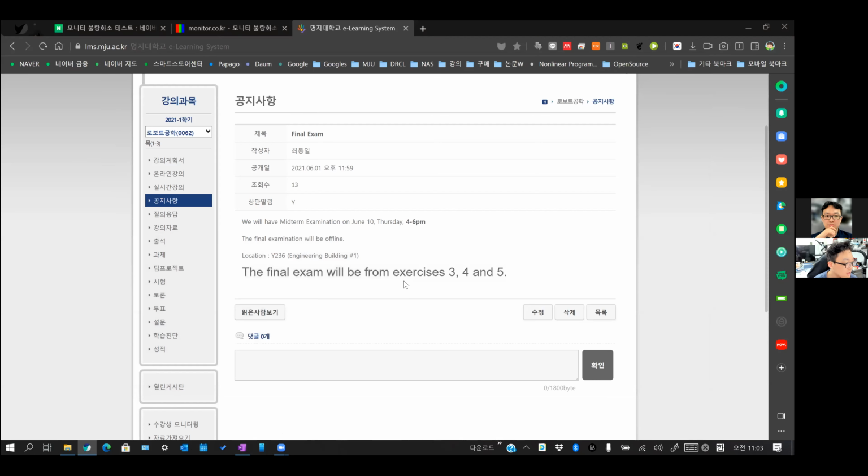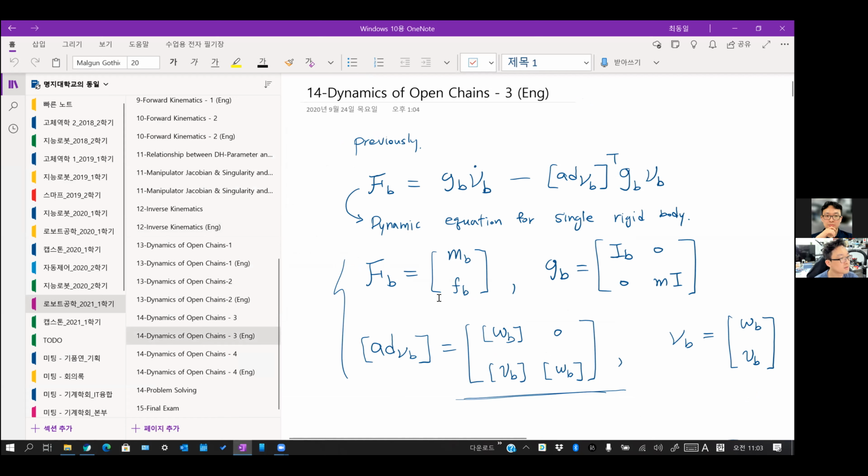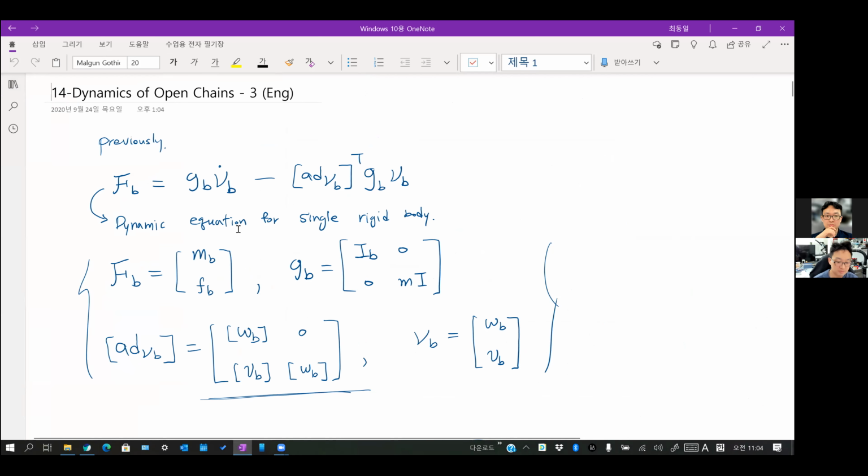Today's class is the last class of dynamics. So I will summarize briefly. In the previous class, we learned about the dynamic equation for a single rigid body.